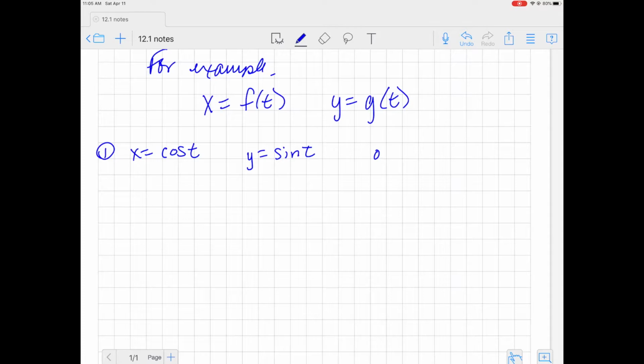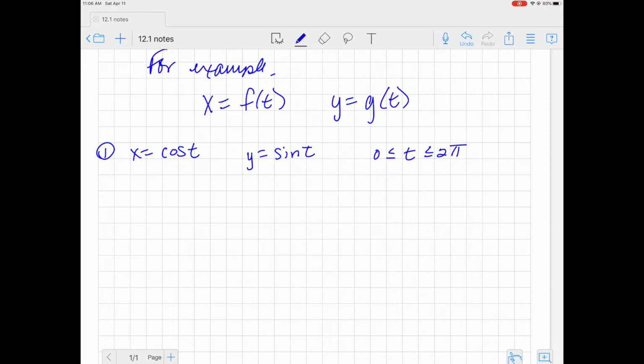And t is going to go between 0 and 2 pi. So t is going between 0 and 2 pi, so I know that's my parameter. So that's my parameter that we're using here, between 0 and 2 pi.